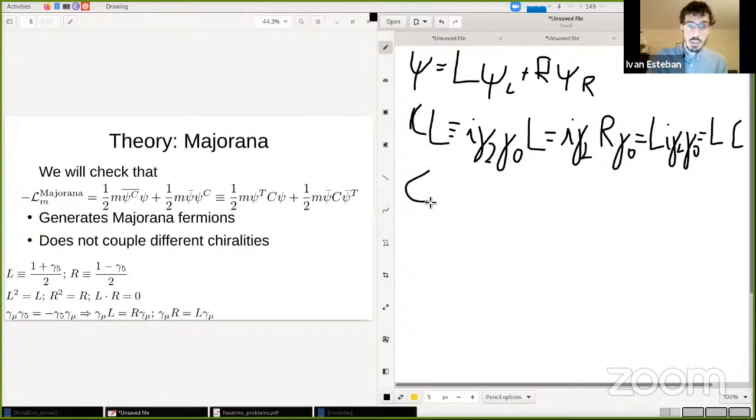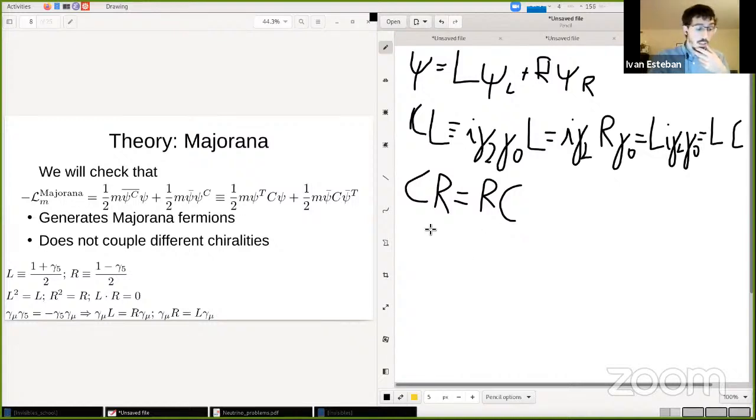And in the same way, one can easily prove that this is also the case for the right-handed projector. So the charge conjugation matrix commutes with the chiral projectors. We can first take the left-handed part and then multiply by the charge conjugation matrix, or do the opposite. It doesn't matter.